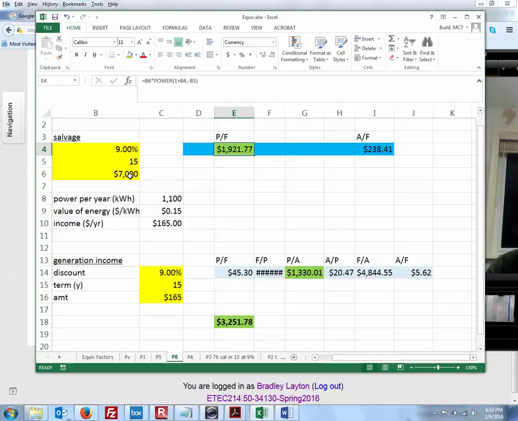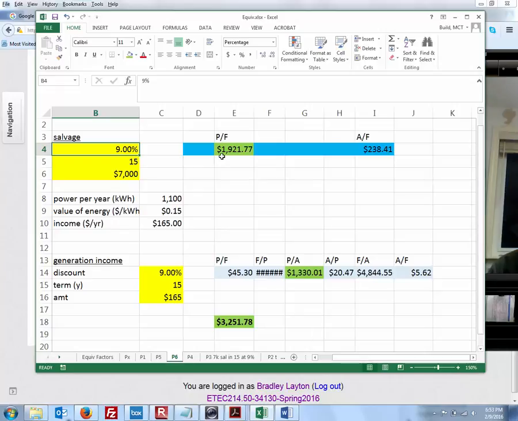The way I guess I can sort of justify that, and I don't know if it's correct or not, would be to say that if the interest rate is 9%, and the only place I've seen interest rates that high is how much credit card companies charge you. Until you own your own credit card company, your money's not going to be worth that much.